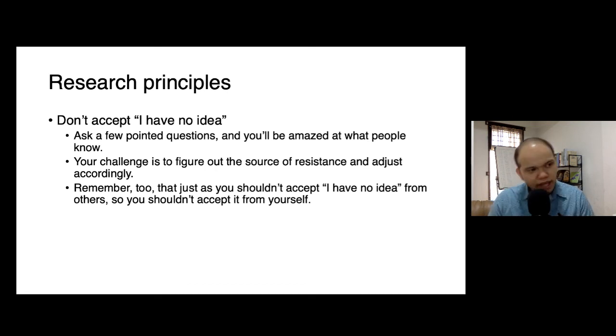And sometimes it's in the manner how we ask the questions, or maybe the idea of what data we want to collect. Sometimes we don't even know what we want to collect, but if we do know what we want to collect, then we will actually get an answer somehow, right? So really, your challenge is to figure out the source of resistance and adjust accordingly.